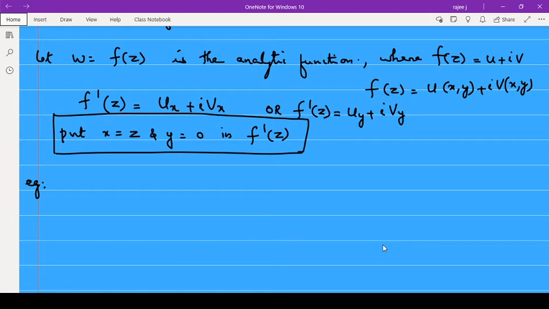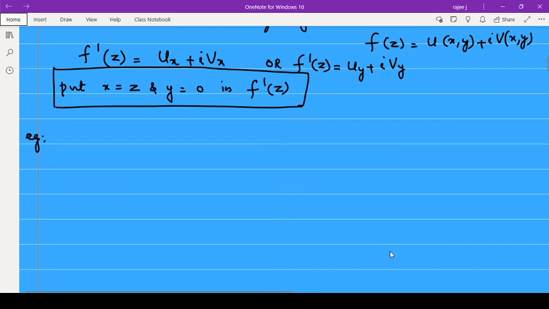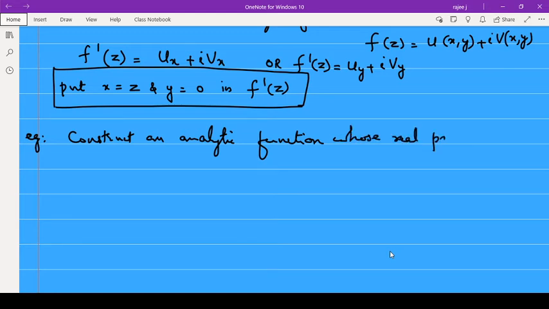Say one question is like this: construct an analytic function whose real part is x raised to 4 minus 6x square y square.